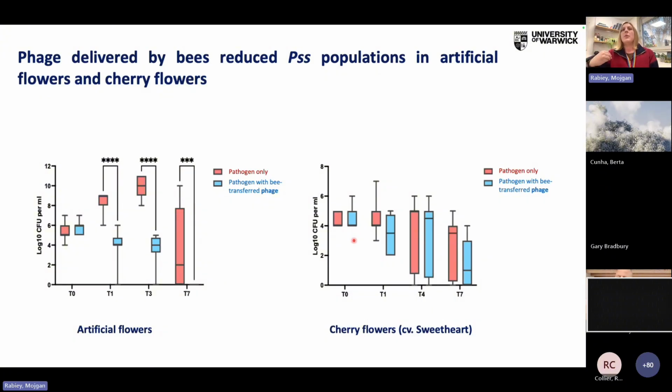So what we sample at a given time point may not have been visited by a bee. But we've been funded for a further 18 months by Caris Animal Health, who funded this project, to see how we can optimize this in real cherry flowers.